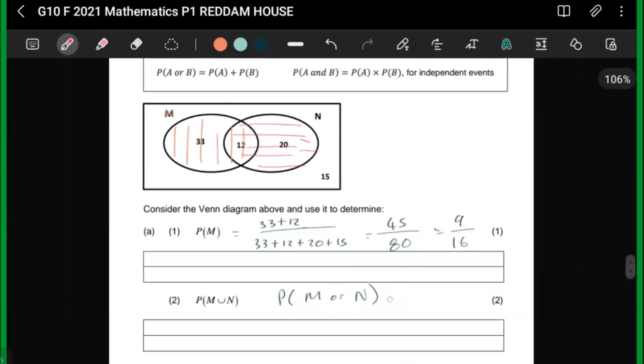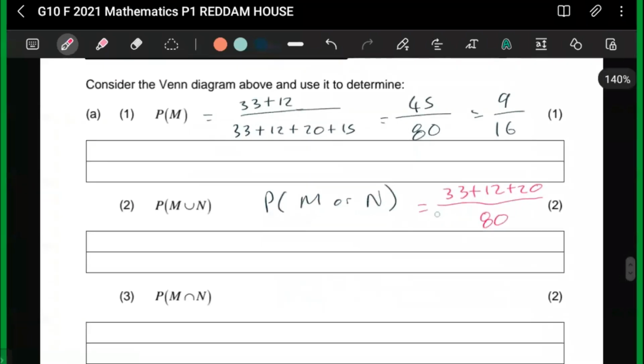So here you're going to have the 33 plus 12 plus the 20, the whole thing over 80. You see. So all this being done, you have 33 plus 12, which is 45, plus 20, which is 65.